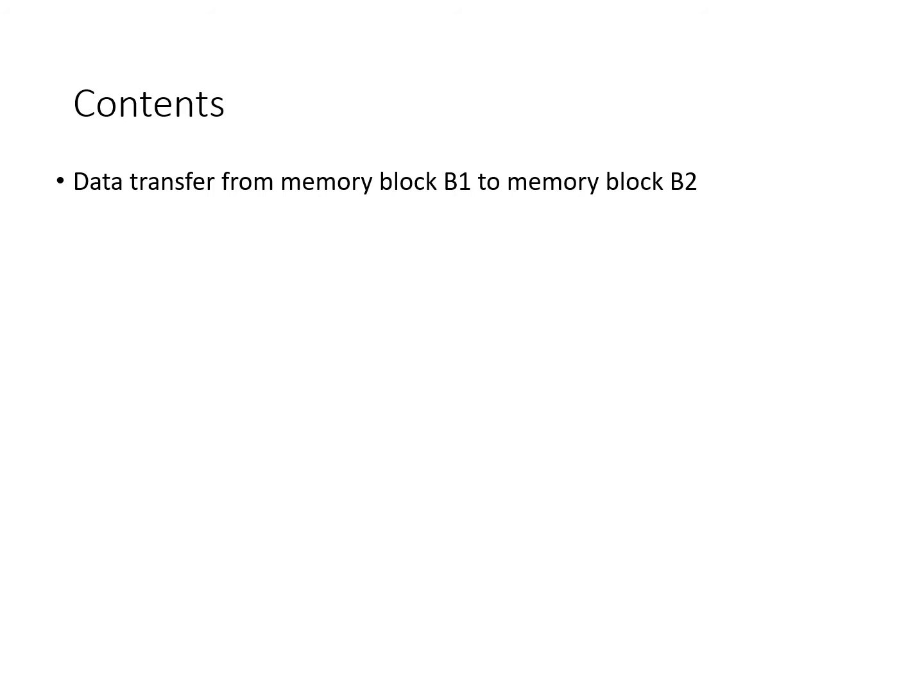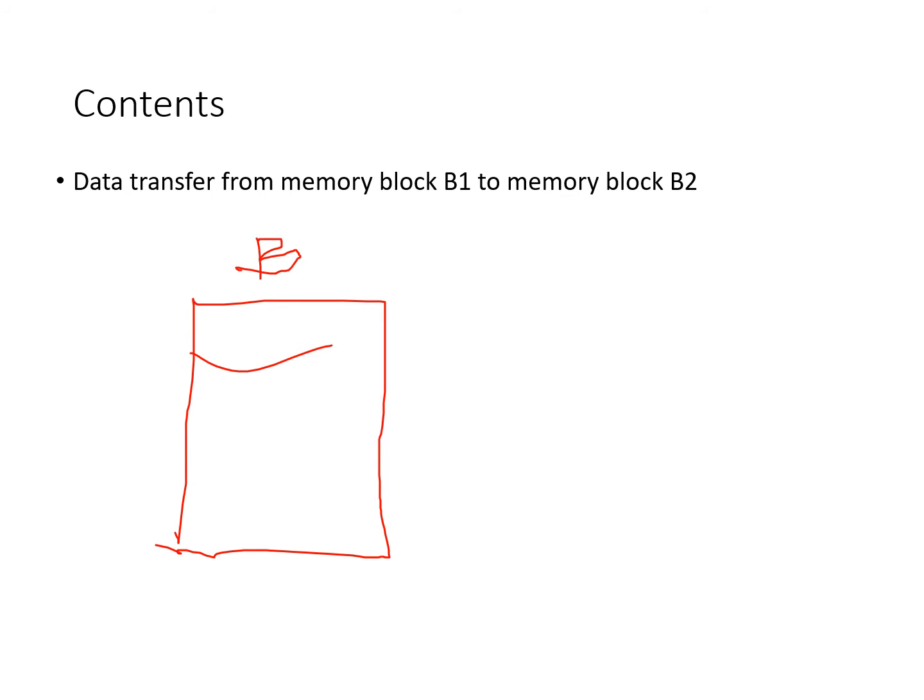One memory block is given to us, and we have to transfer its data to a different block. So we will draw a diagram for you. See here, one block will be given. This is the B1 memory, with 4 locations.